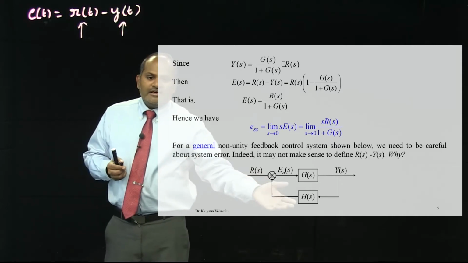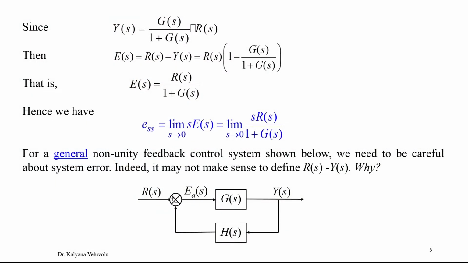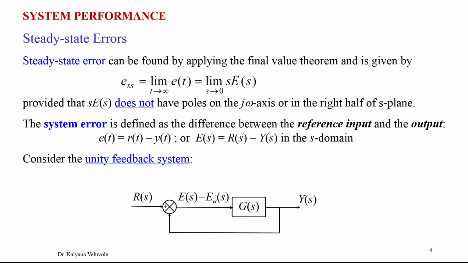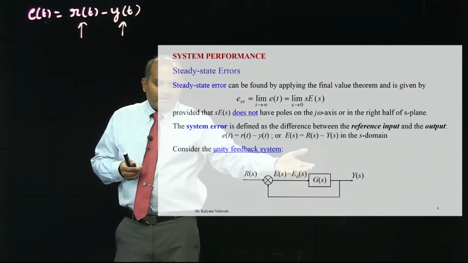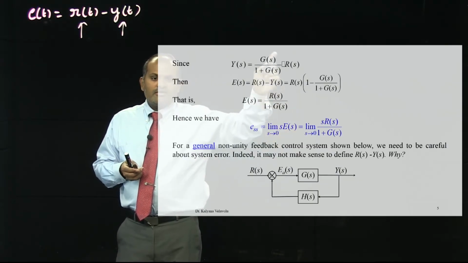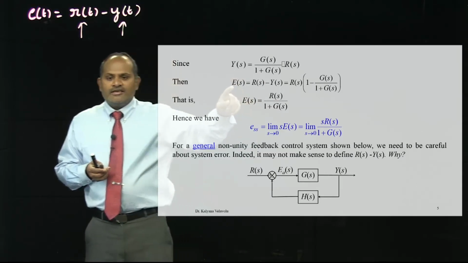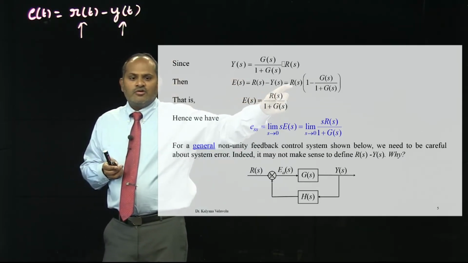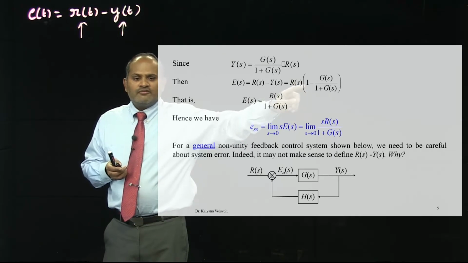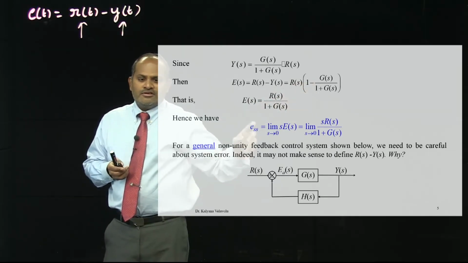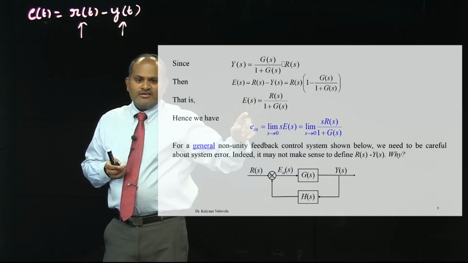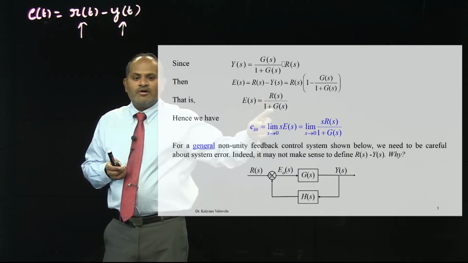Now, let us take a unity feedback system and get the closed loop transfer function: Y of s equals G of s by 1 plus G of s times R of s. Once you get Y, I can calculate the error as R of s minus Y. Rearranging the terms, R of s into 1 minus G of s by 1 plus G of s, and by simple analysis, we get E of s equals R of s by 1 plus G of s.